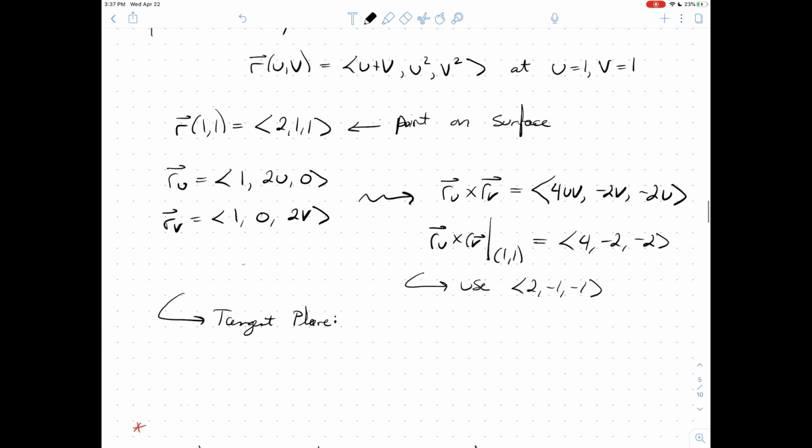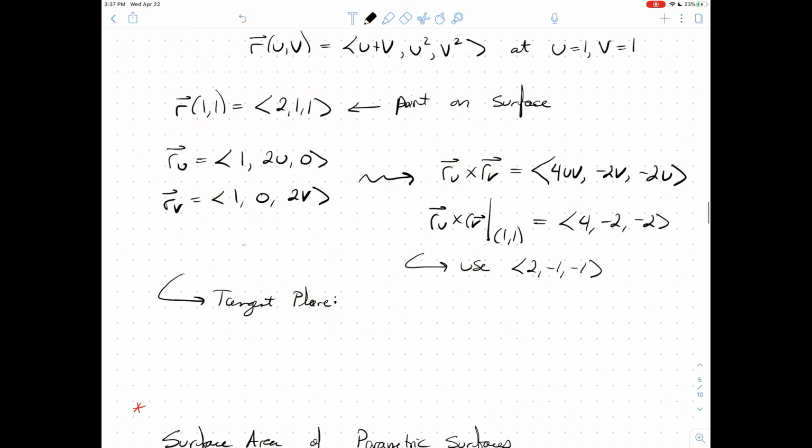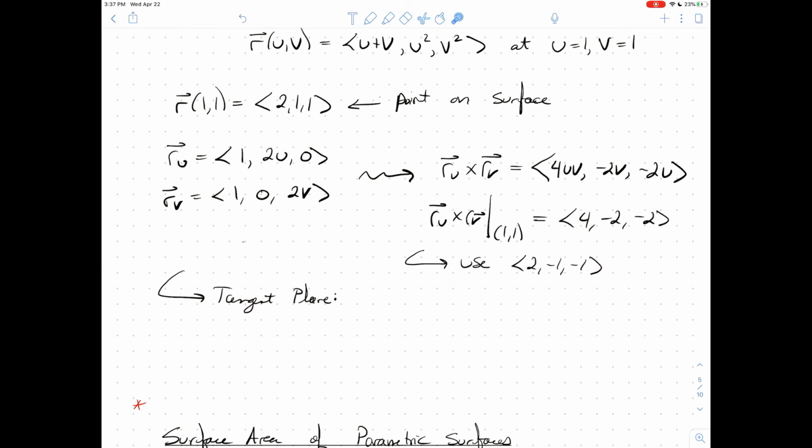I can do that. And so for the tangent plane, the formula is you've got a point on the plane and you've got the normal vector. So you say 2, this 2 is the 2 from the normal vector, times x minus 2. This 2 is the 2 from the point.